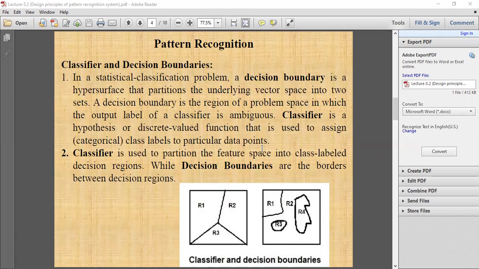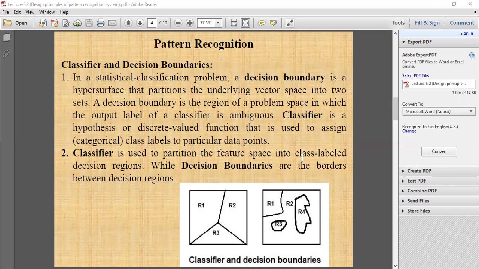Classification and decision boundaries. In a statistical classification problem, a decision boundary is a hypersurface that partitions the underlying vector space into two sets. A decision boundary is the region of a problem space in which the output level of a classifier is ambiguous.